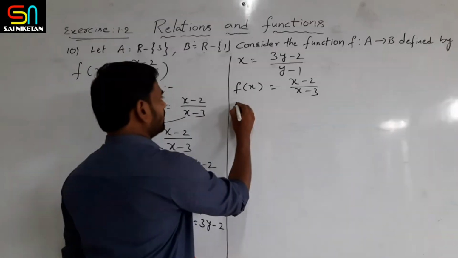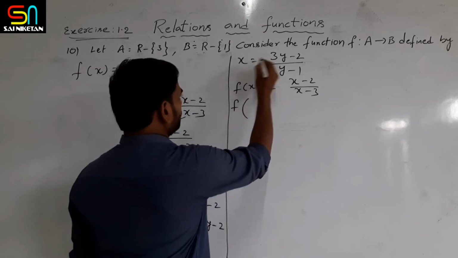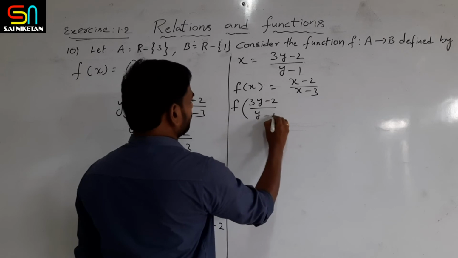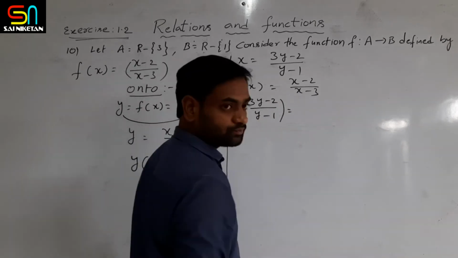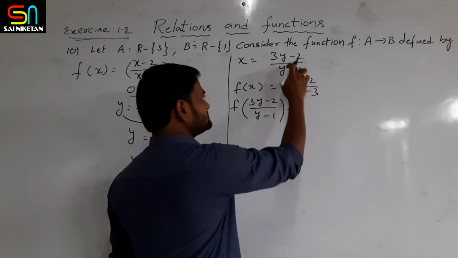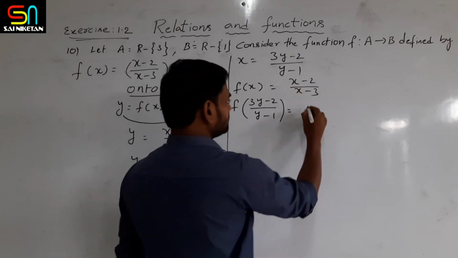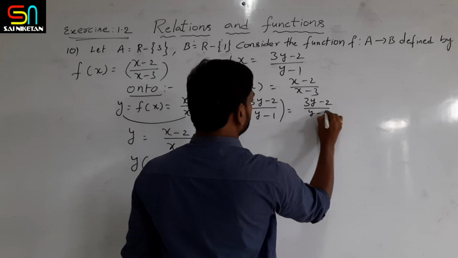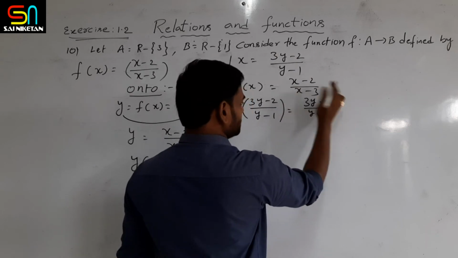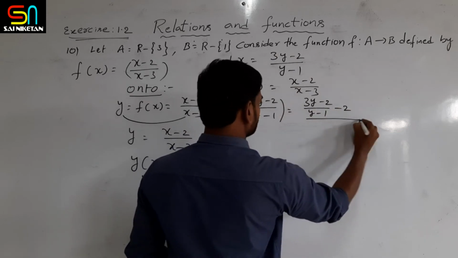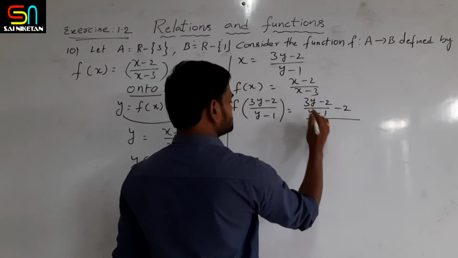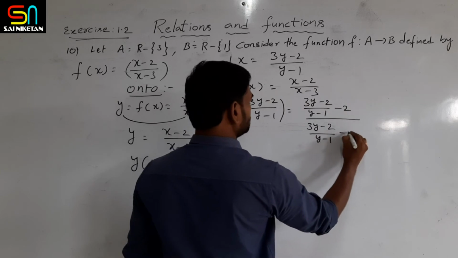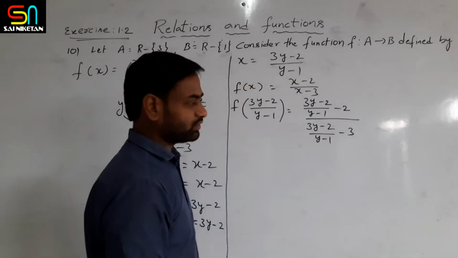Okay. Now f of x value is 3y minus 2 by y minus 1. It is equal to, just write down in place of x this entire term, that is 3y minus 2 by y minus 1, in place of x. Next minus 2 is there, minus 2 by again x, 3y minus 2 by y minus 1, minus 3. Okay.